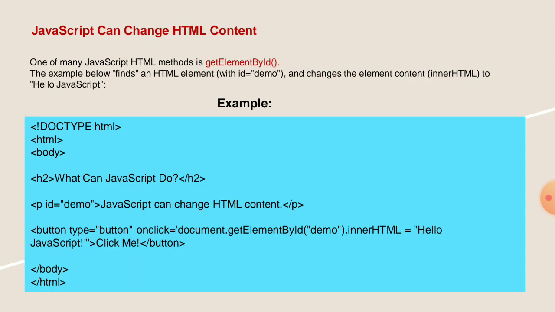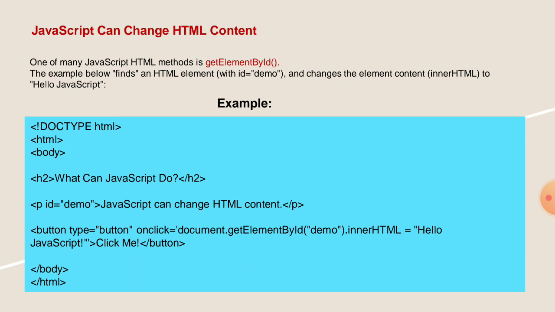JavaScript can change HTML content. One of many JavaScript HTML methods is getElementById. So the example is: in the HTML body, an h2 heading, what JavaScript can do. Then a p with id equal to demo, JavaScript can change HTML content.